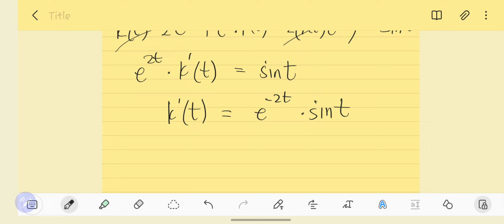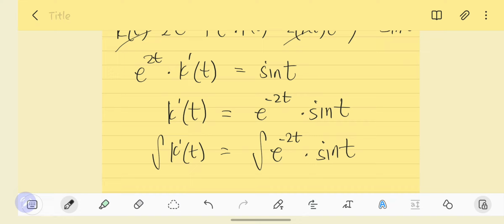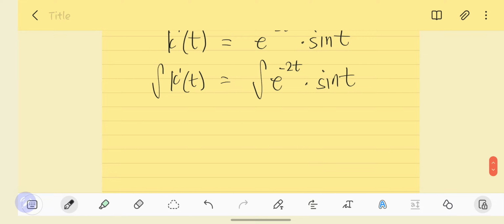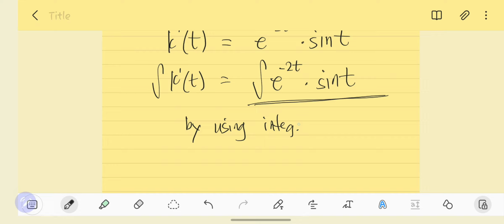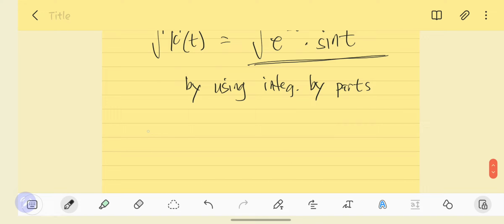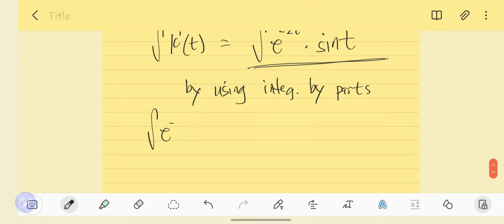Now integrating this, k of t is equals to the integral of e to the negative 2t times sine t. Now we can use integration by parts, but if you have another method of integrating this, it's good. So by using integration by parts, the integral of e to the negative 2t times sine t.